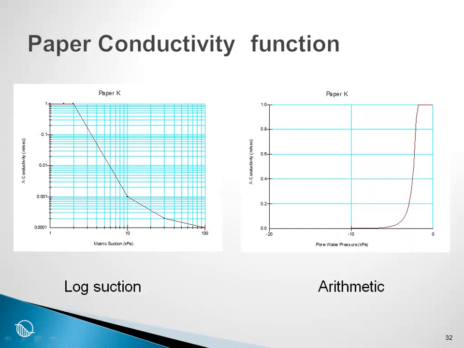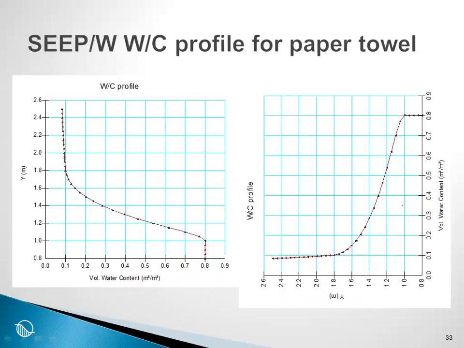Here are the hydraulic conductivity functions on a log scale and on an arithmetic scale. And on arithmetic scale, notice how extremely sharply the hydraulic conductivity drops off over very small changes in suction or negative water pressure.